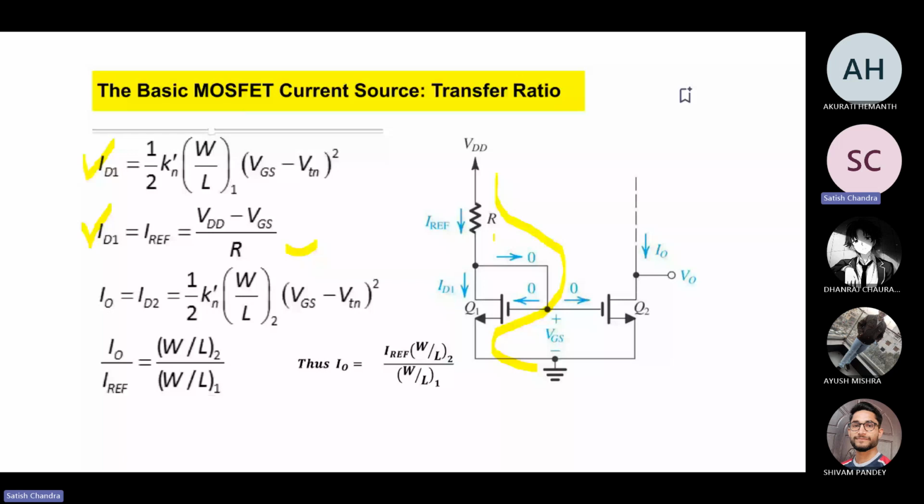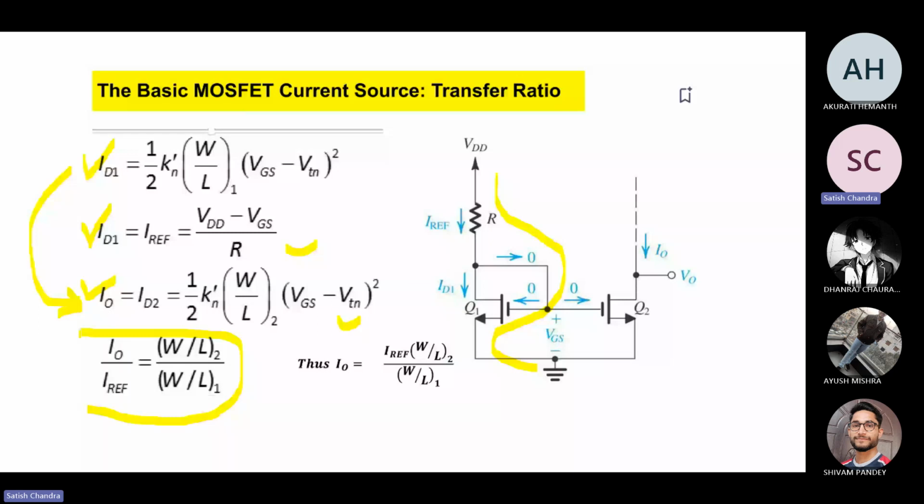Similarly, I naught in saturation, we can say this thing. And if we divide these two currents, we attain this. It is nothing but depending on the W by L ratio basically.